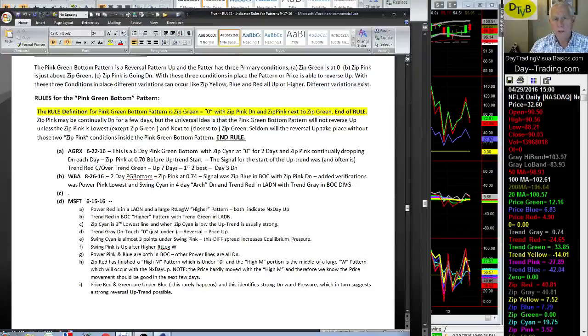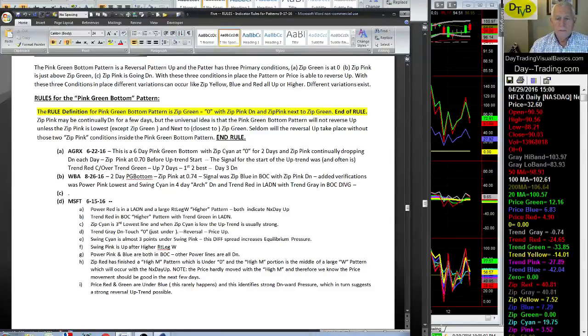So there are 3 conditions for a pink-green bottom pattern. There's a variety of pink-green patterns that I'll show you, and these 3 conditions are primarily what make up a pink-green bottom pattern.